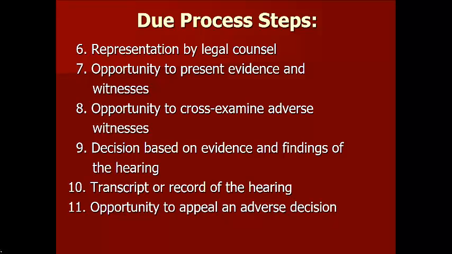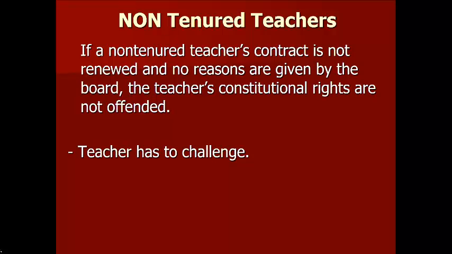And as a result now, the board is the final decision making, unless you can prove that your due process rights, whether procedurally or substantively, were violated. And that is why it is important that you as the administrator are going to document all these steps and have documentation as you go through. So that's due process for tenured.